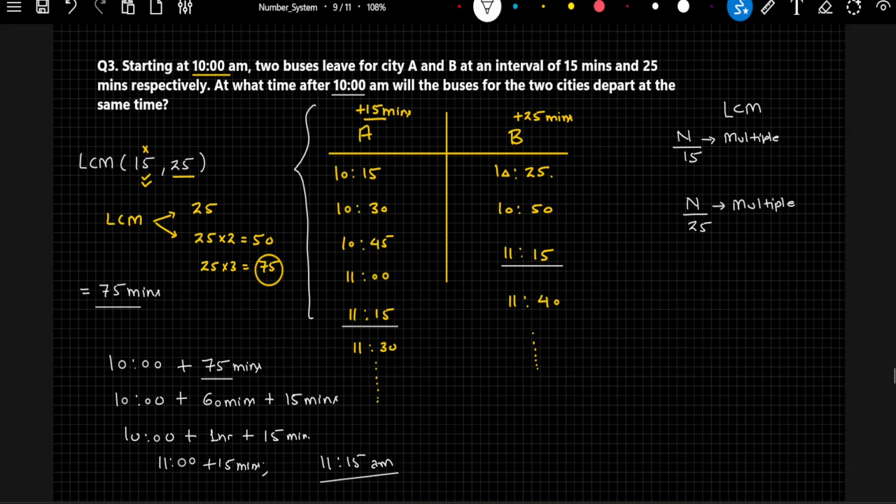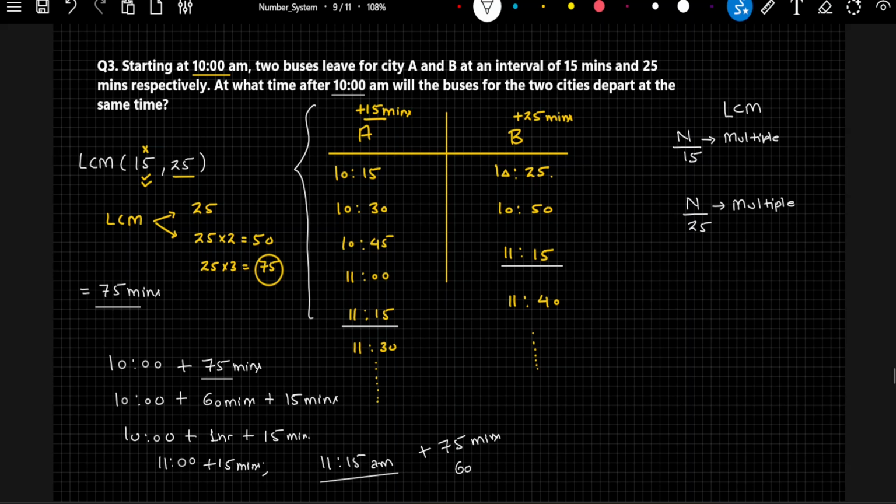So in every 75 minutes this will happen. Let's say suppose they had asked you, tell me when this will happen after 12 o'clock. What you could have done is add the same time duration to 11:15. If you add 75, see, 75 means 60 plus 15.